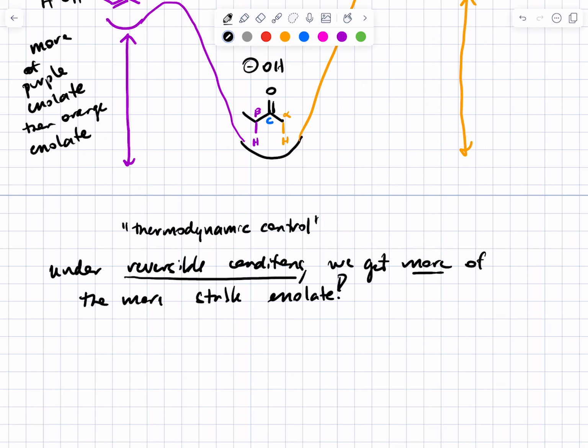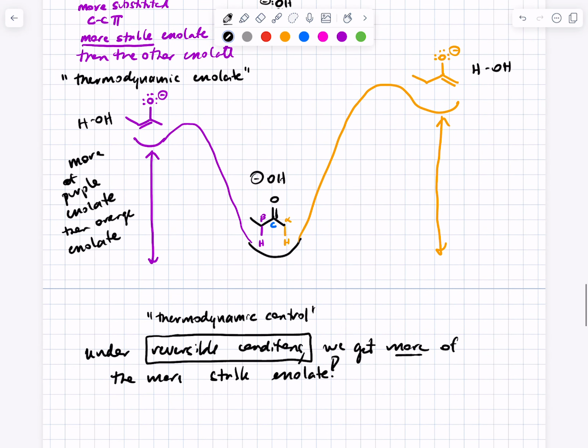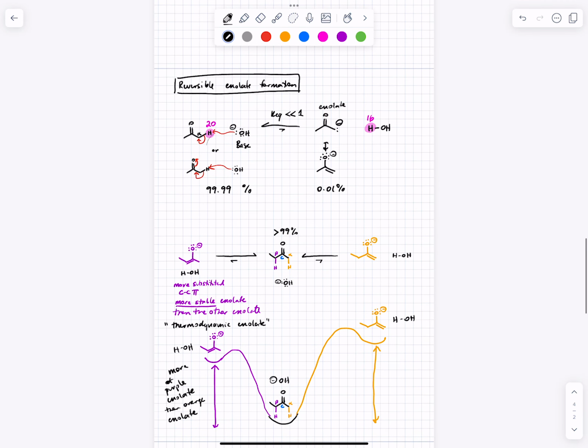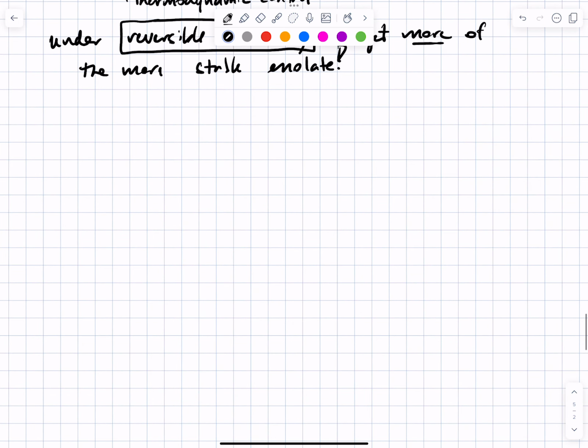I'll sort of stick with reversible conditions. I'll try to say more stable enolate, but when you read about it in your text, you may read thermodynamic enolate. Just understand that's what they're talking about. Okay, so those were the conditions for making enolates reversibly. Let's talk about irreversible enolate formation.